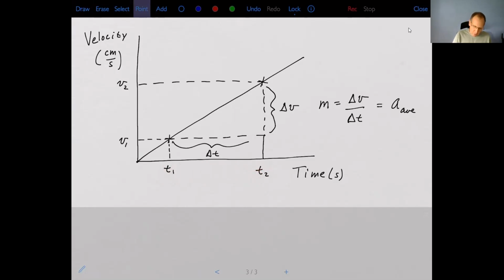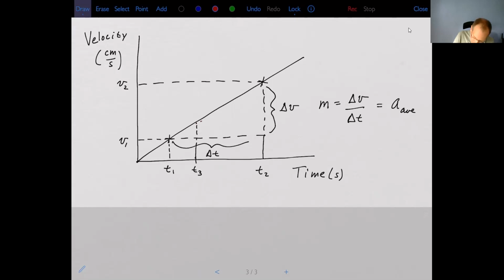All right, now what if I want to know the instantaneous acceleration at some time? This is analogous to what we did earlier, when we wanted to find the instantaneous velocity. Let's say I want to know the acceleration right at this time, call it T3. You go to the velocity versus time graph and draw a tangent line right at that point.